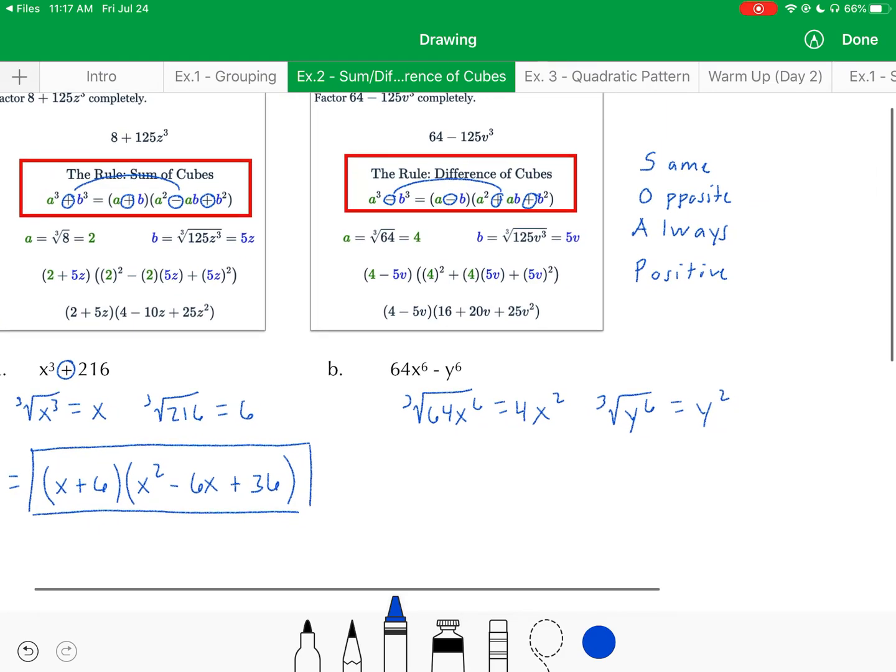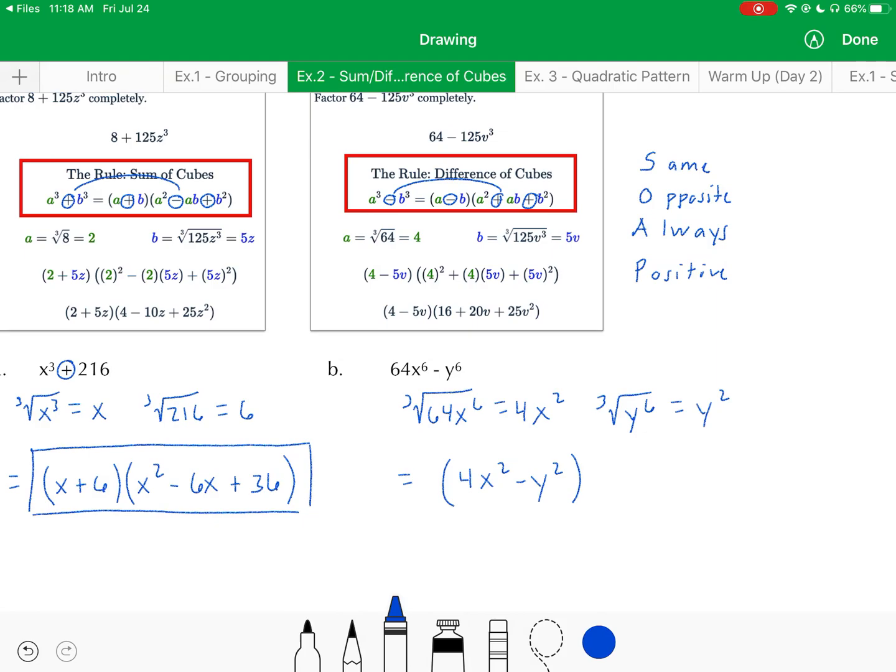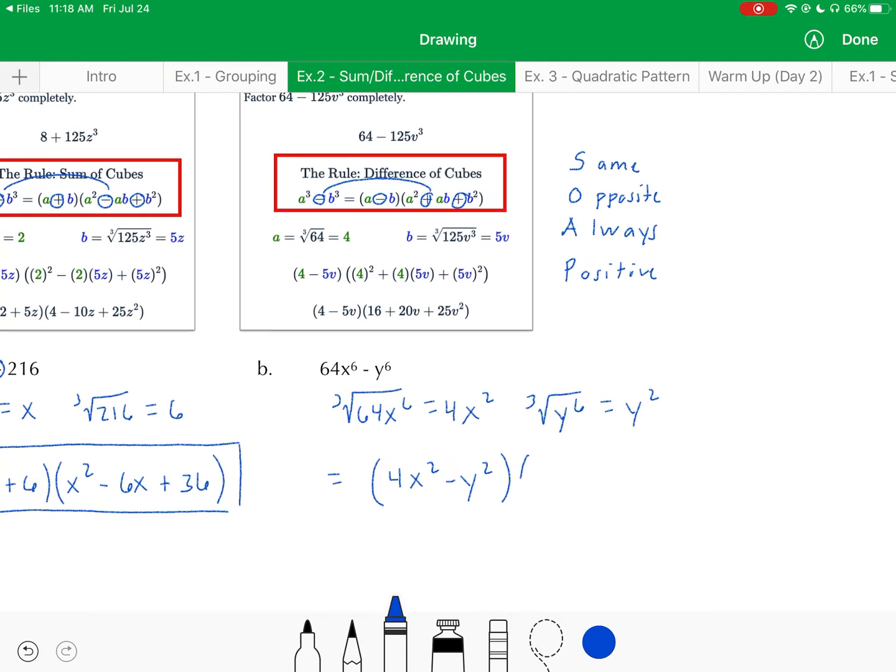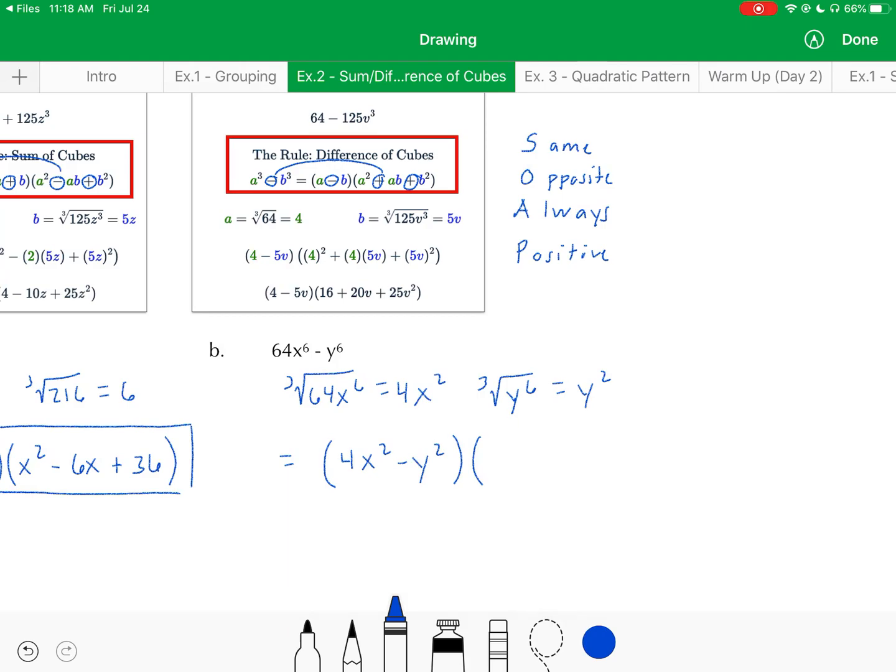All right, so plugging 4x squared and y squared in for a and b in the formula for the difference of cubes, that's going to lead you to a binomial factor of 4x squared minus y squared. Okay, and then you're going to have a trinomial. The first term of the trinomial would come from 4x squared being raised to the second power. So that's 16x to the 4th. Then you're going to need a plus sign for the opposite of the original.